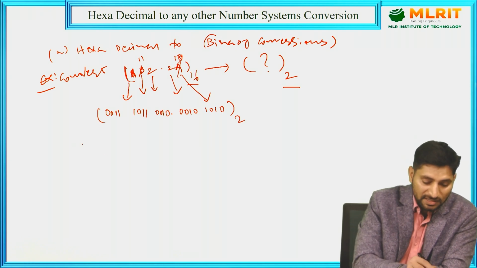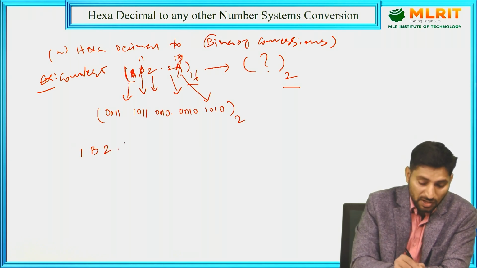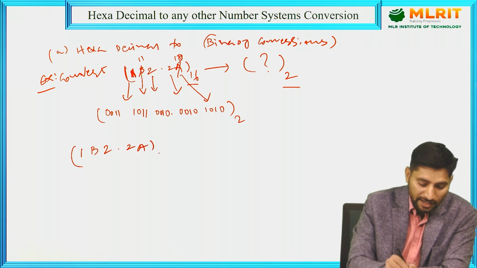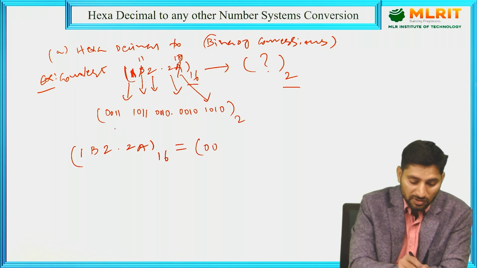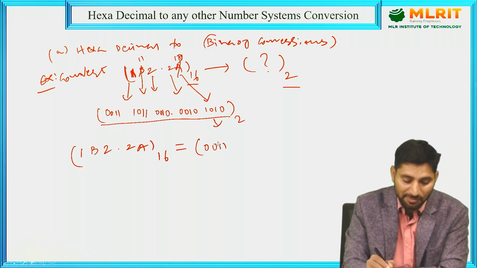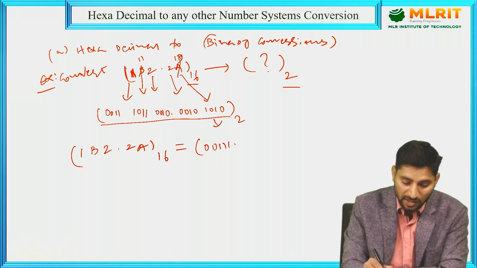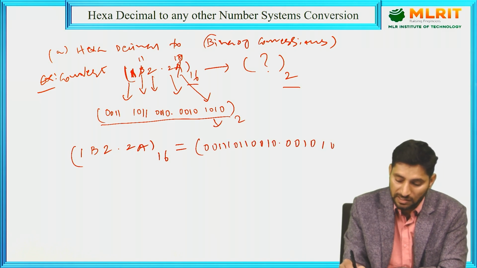Now the final answer: 1B2.2A in hexadecimal is equivalent to 0, 0, 0, 1, 1, 0, 1, 1, 0, 0, 1, 0 dot 0, 0, 1, 0, 1, 0, 1, 0.